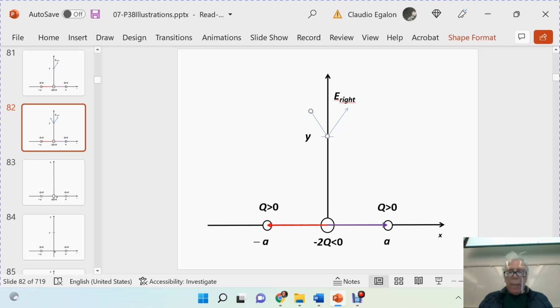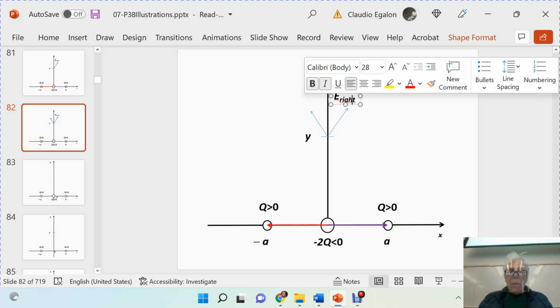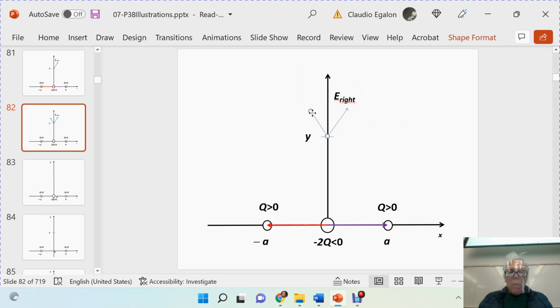Those electric fields should have the same magnitude because that point is the same distance.